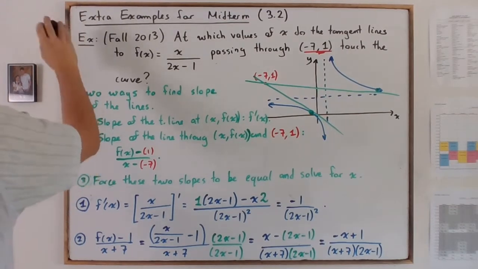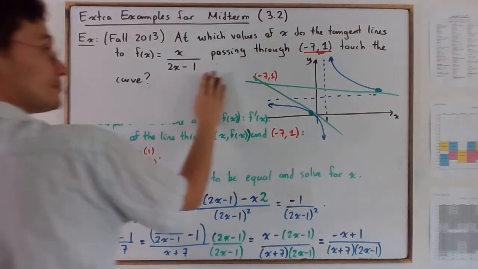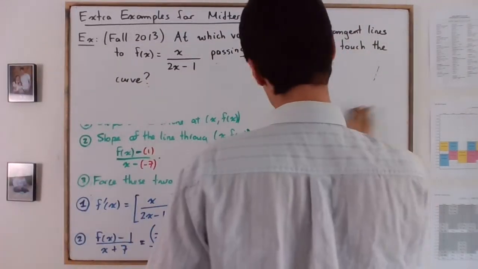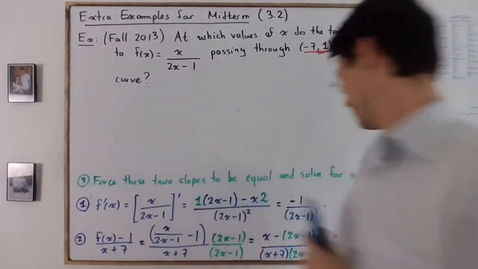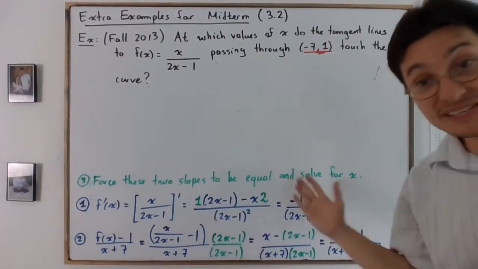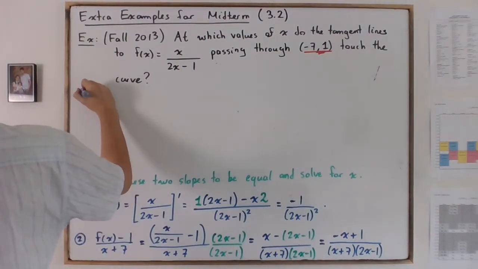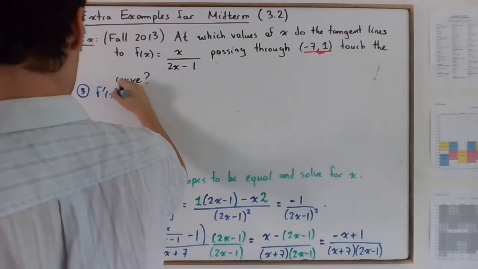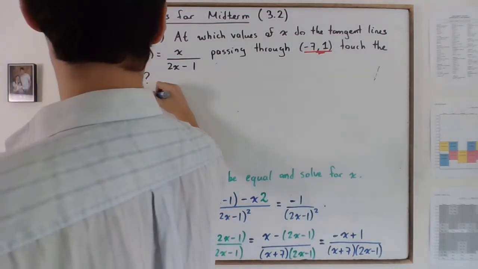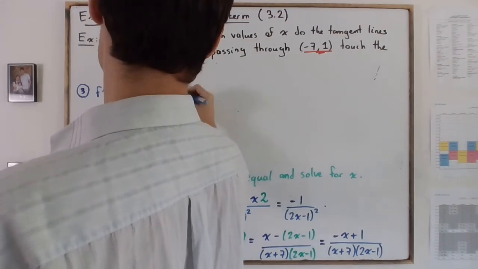Okay, so now let's erase this. We're almost done. Because obviously now step number 3 is to set these two things equal to each other. Okay, so we want f prime of x to be equal to f of x minus 1 over x plus 7.